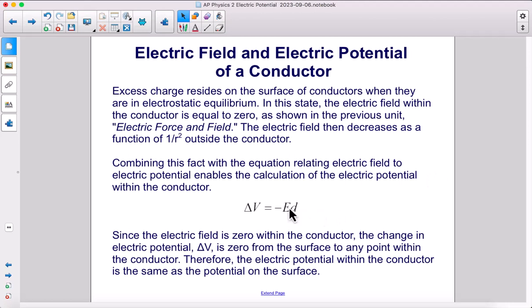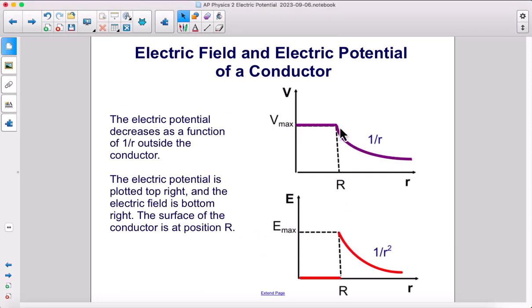Since the electric field is 0 within the conductor, the change in electric potential, delta V, is 0 from the surface to any point within the conductor. Therefore, the electric potential within the conductor is the same as the potential on the surface. The electric potential decreases as a function of 1 over r outside the conductor.